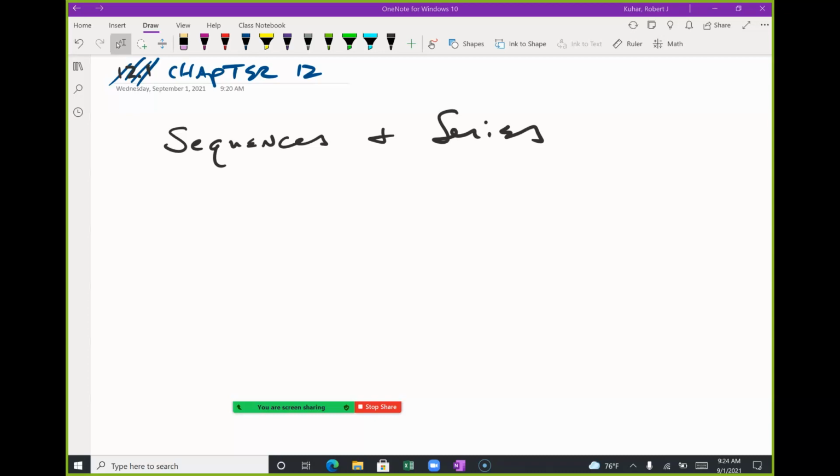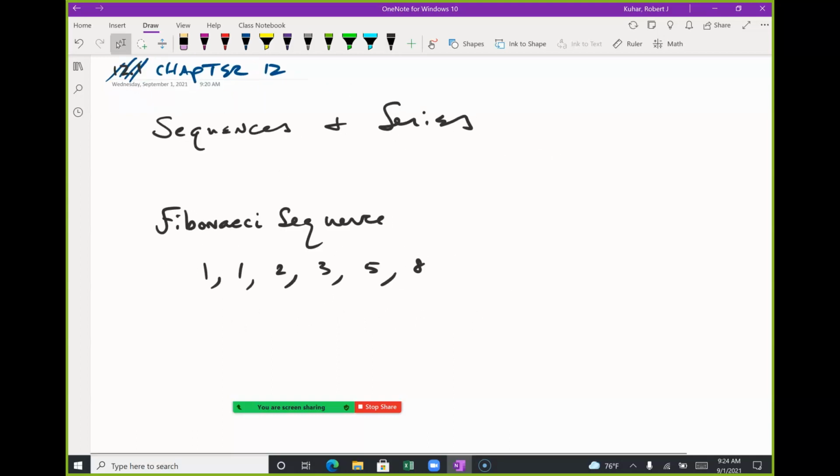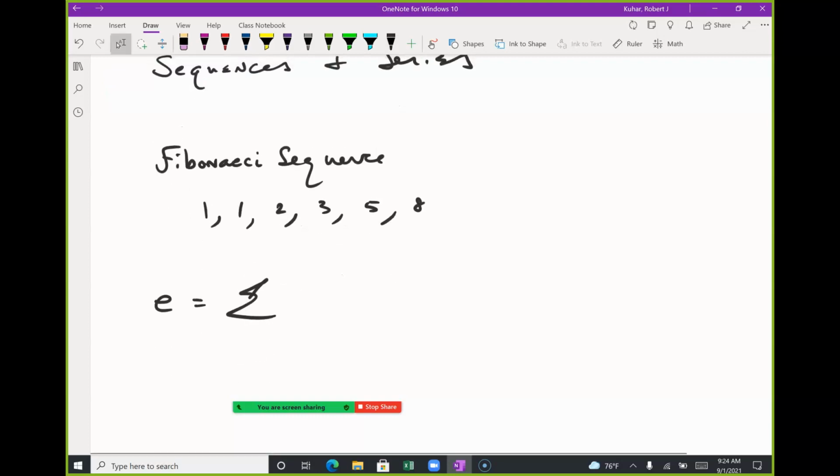So like a sequence, we had the Fibonacci sequence, right? We talked about that last class. So 1, 1, 2. I'm just taking the previous two terms and adding them to get the next term, right? And a series, like this, right, is the series. So this is a Greek letter, capital sigma. It's this guy.